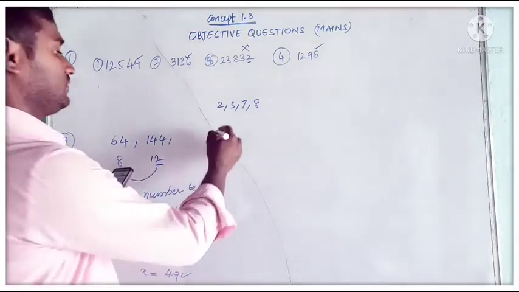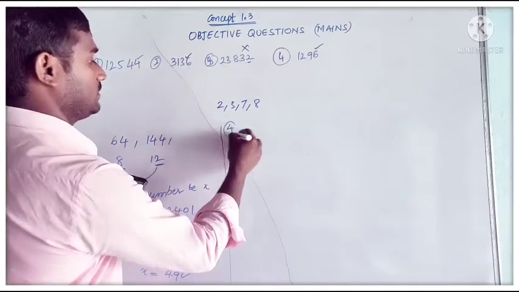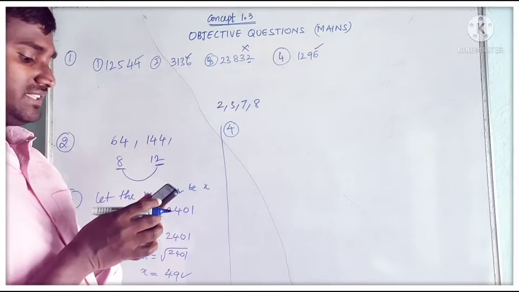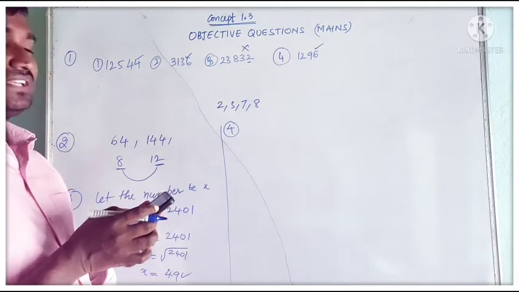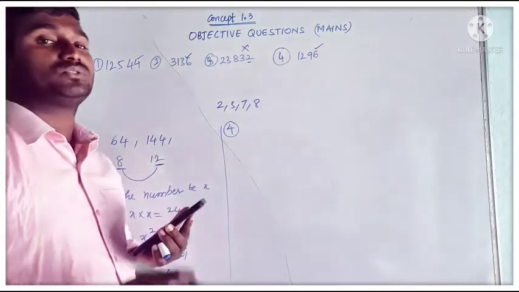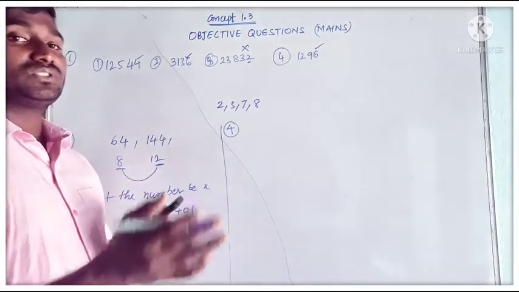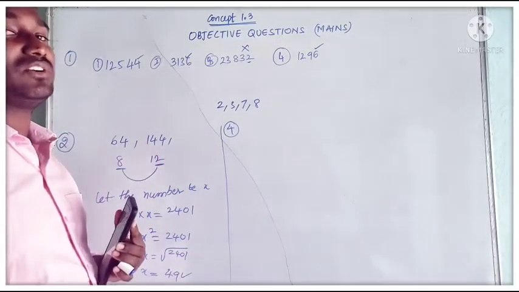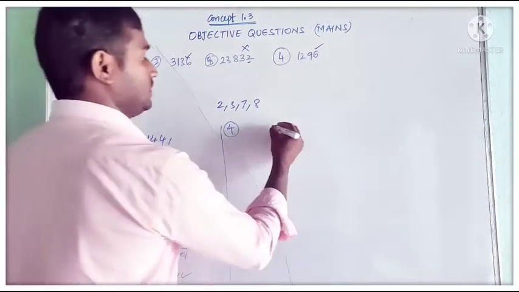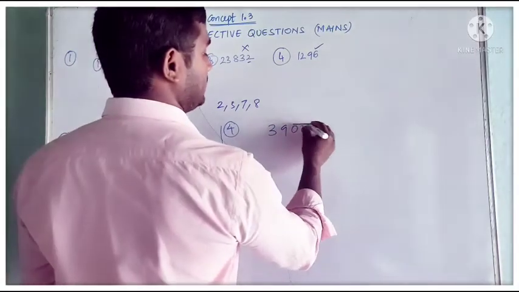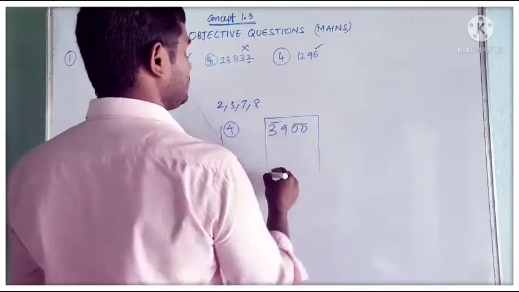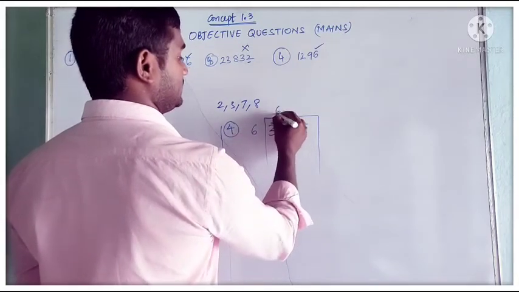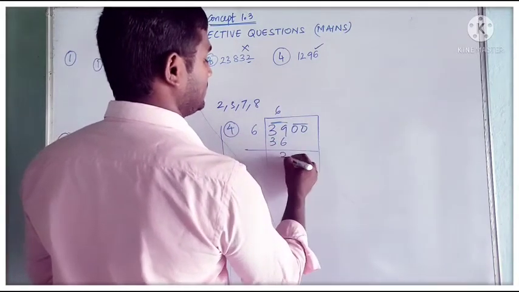Next, question number 4. The smallest number which must be added to 3900 to get a perfect square. This is an addition case, so which method do we have to use here? The division method. 3900, and the division method. Here the nearest square is 36. 6 sixes are 36, and 300.